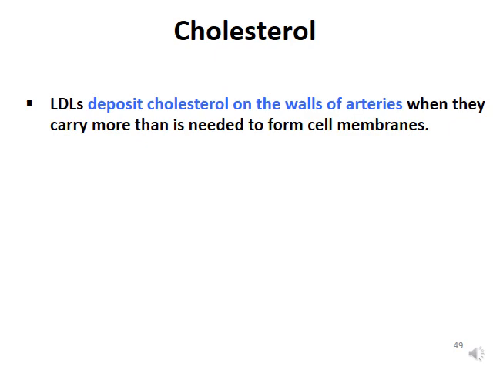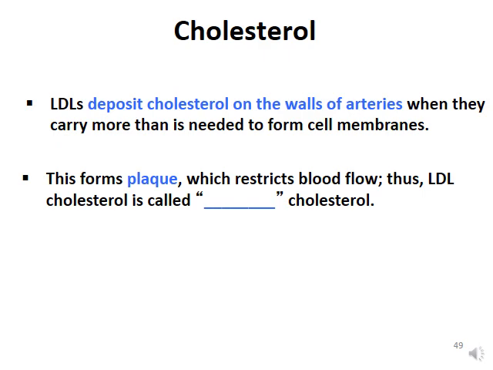So the LDLs, what do they do? They deposit the cholesterol on the walls of the arteries because they can't hold it when they carry more than is needed to form the cell membranes. And that's not good. This forms plaque, and that's not good.